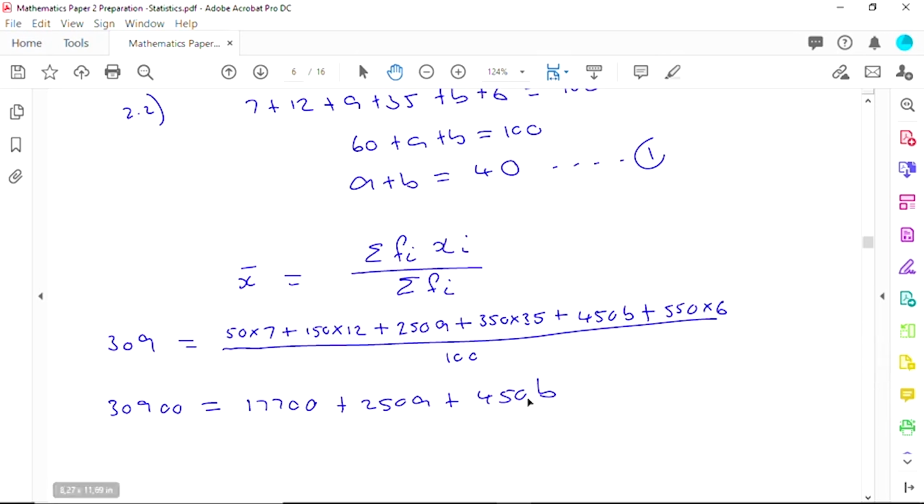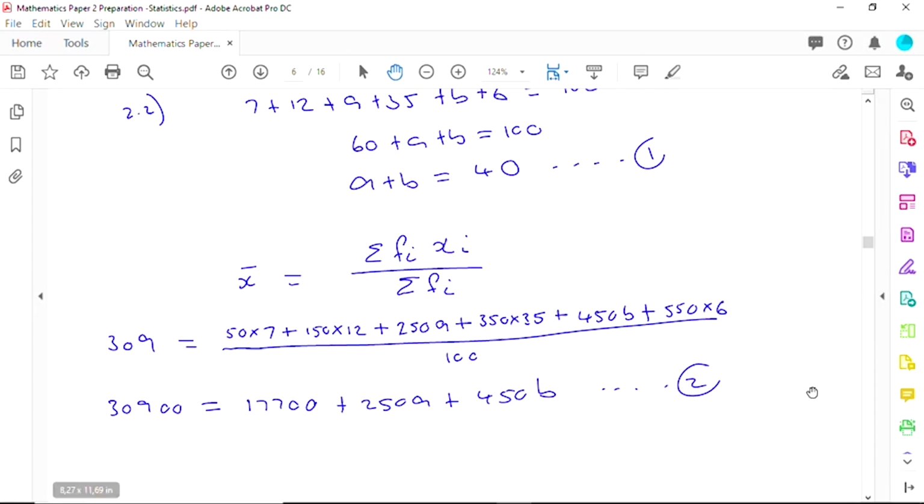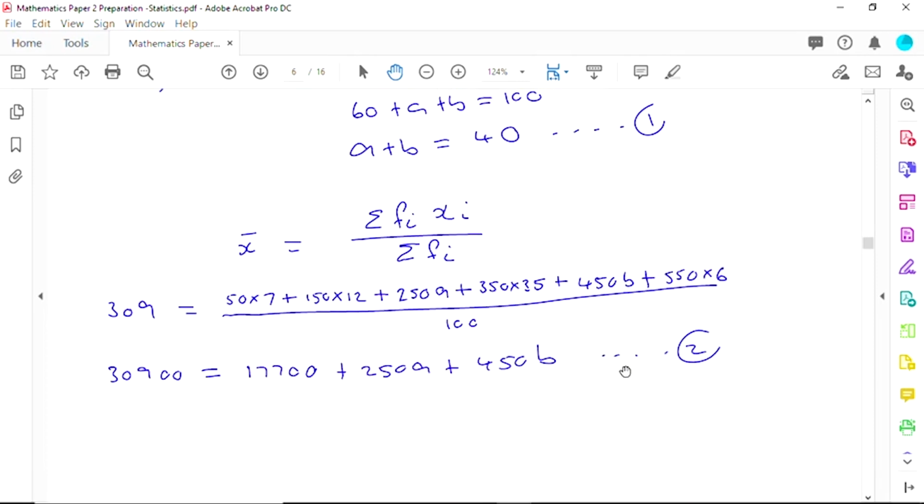You just need to find A and B. You can call this equation 2. So we have two equations and two unknowns. We need to solve for A and B.